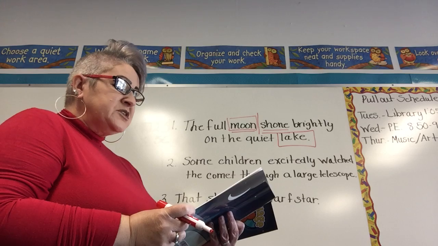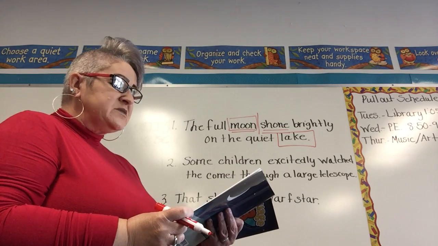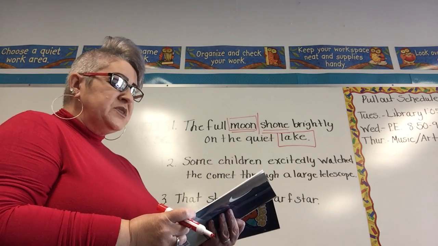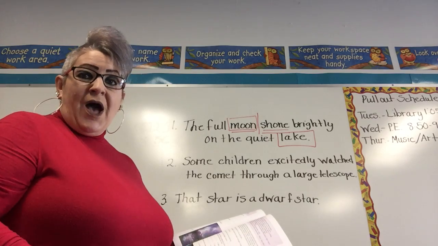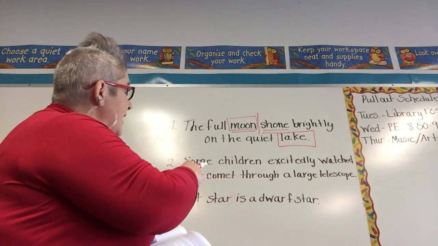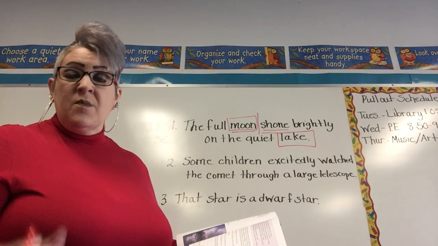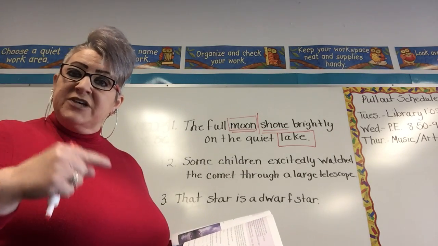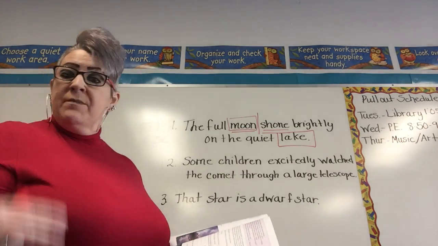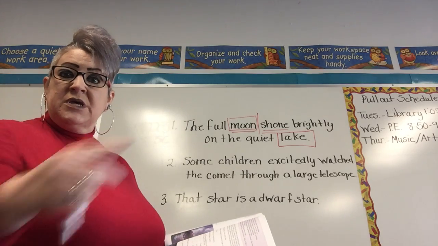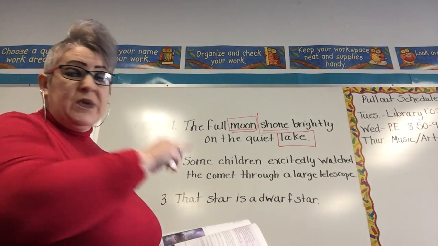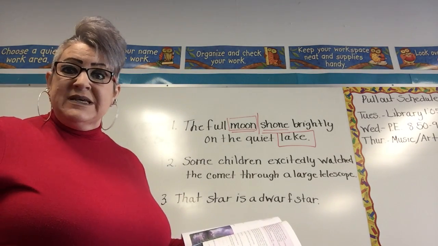Step 4. Circle each adjective and draw a small arrow from the adjective to the noun it describes. Okay, boys and girls, let's go to the first noun, which is moon. What kind of moon was it? Remember, with an adjective, you have to ask yourself, what kind, how many, which one, or whose. For the moon, we have to ask ourselves, what kind of moon was it?